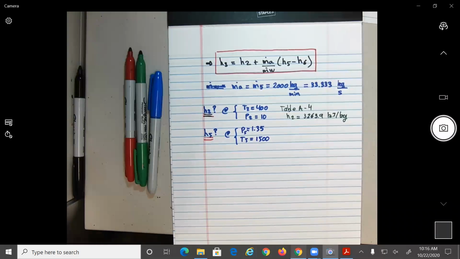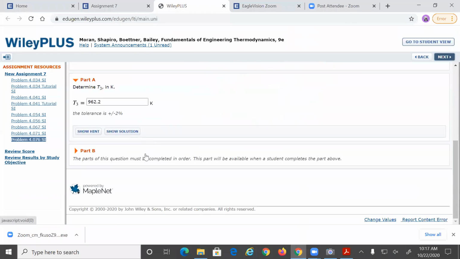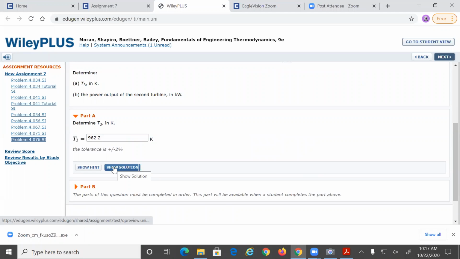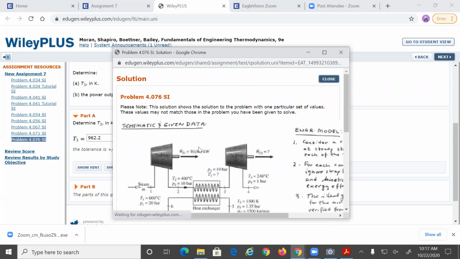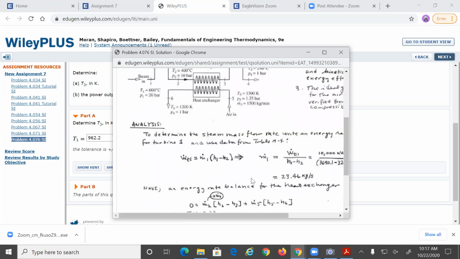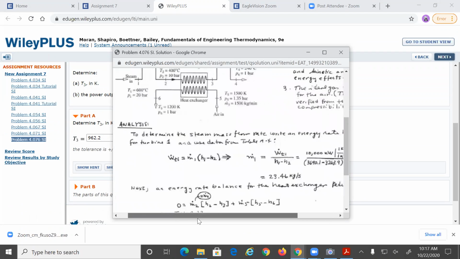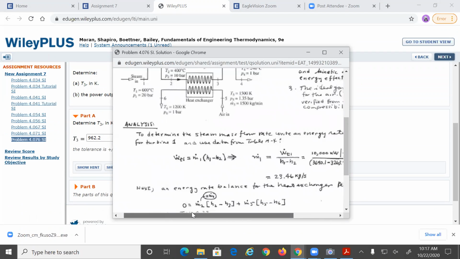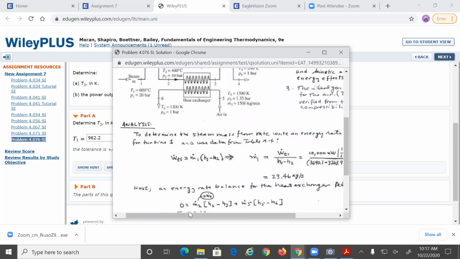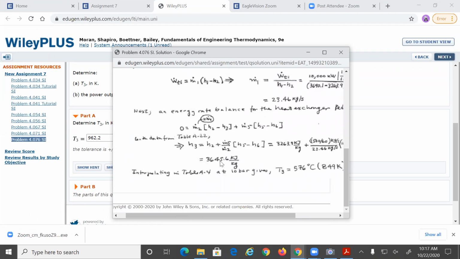Okay, so let me go back over here. Maybe just look very quick, see if they did the assumption of the ideal gas. That way we save some time. So this is for the other thing. They did it the other way.